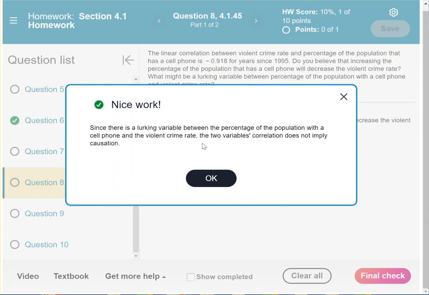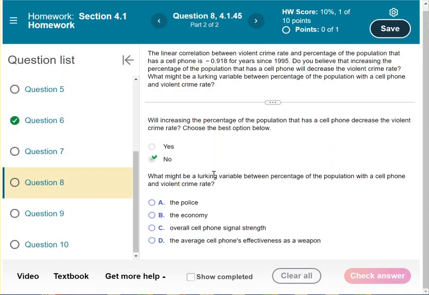There's a lurking variable between the percentage of the population with a cell phone and the violent crime rate, so the two variables' correlation does not imply causation. What might be a lurking variable?